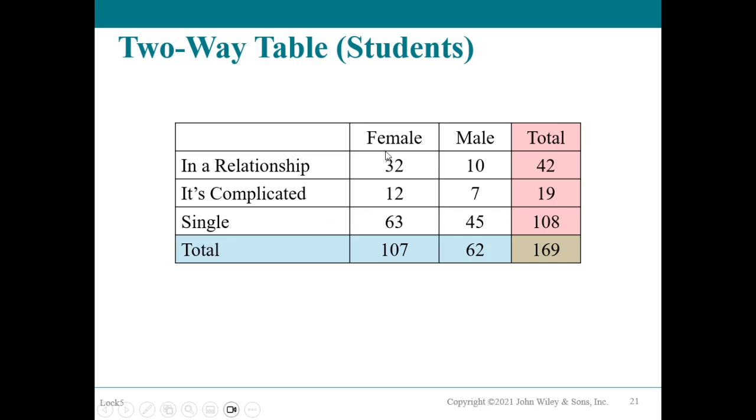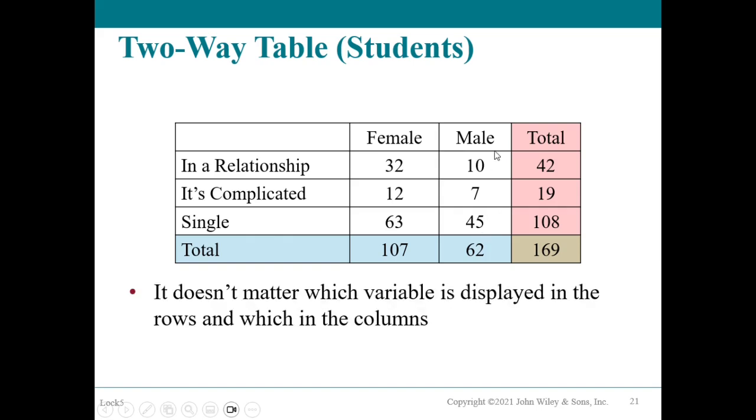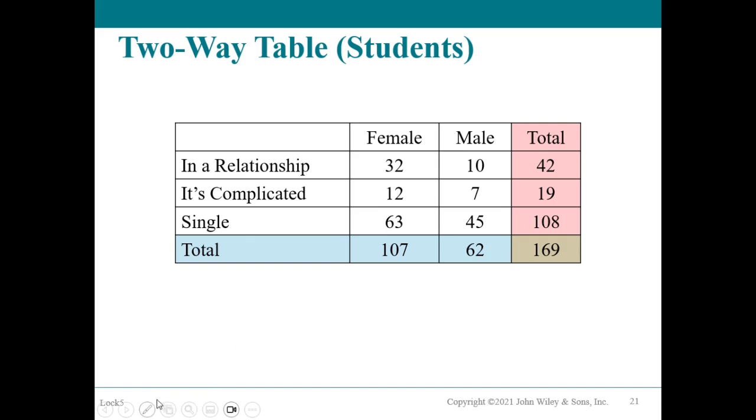For example, the first number here, 32, is females who are in a relationship. The second value, 12, is females who think it is complicated. Right here, 42, sorry, 45. This 45 is, let me draw this one. Okay, this 45.